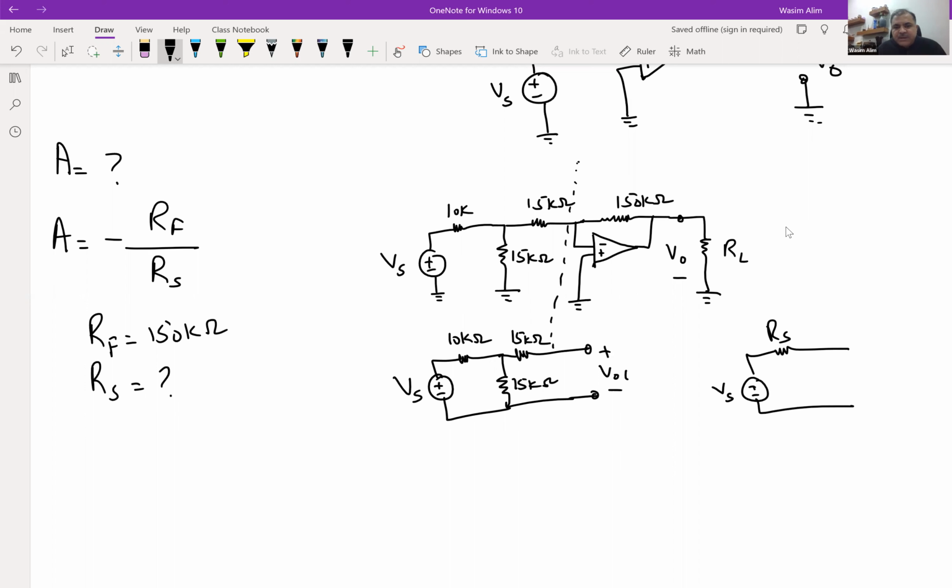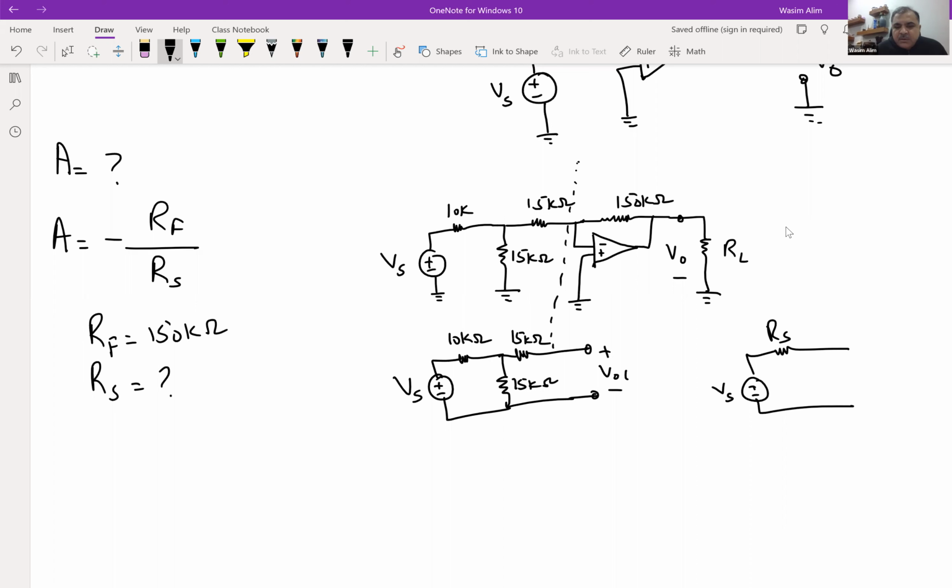The second technique is to apply source transformation, but for that I need to know the value of the voltage source. Since I don't have the value there, it's just represented as V sub S, I will use the Thevenin resistance calculation technique.